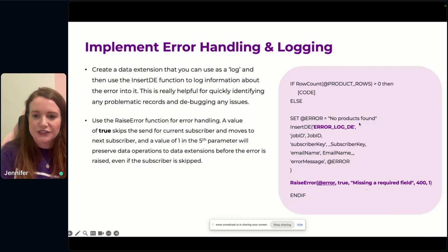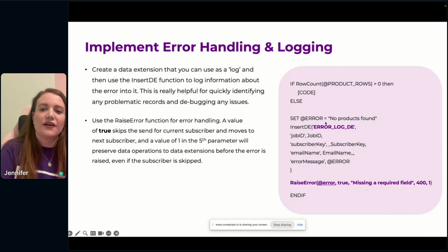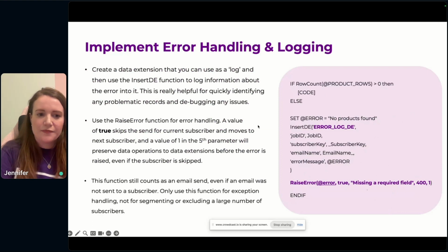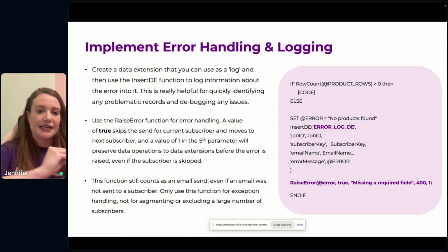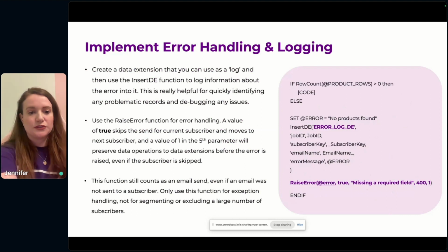So we want to preserve it because we want to try and log all the information about the error into our data log. It's worth noting that this function does still count as an email send, even if the email wasn't sent to a subscriber.